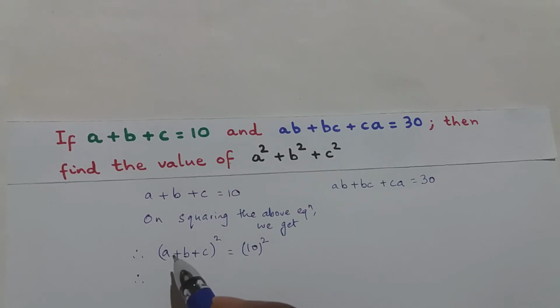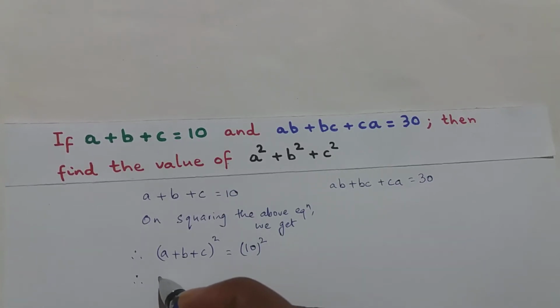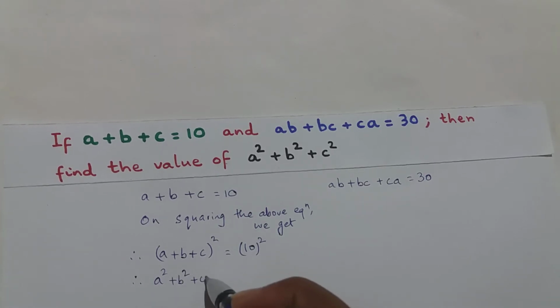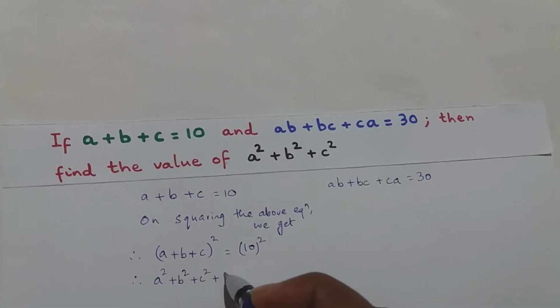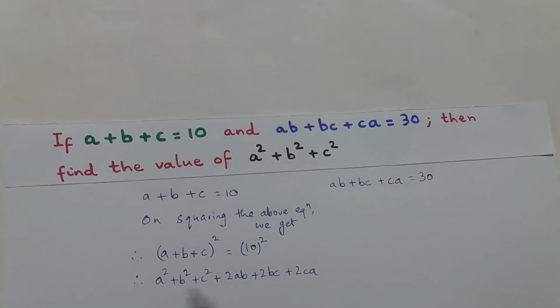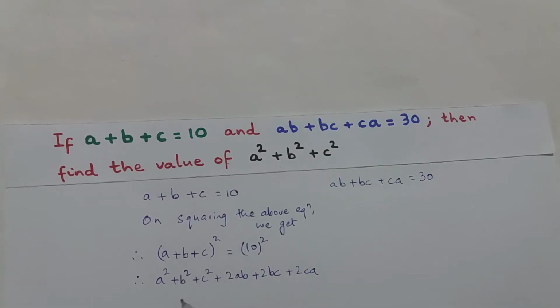We get A square plus B square plus C square plus 2AB plus 2BC plus 2CA. So this is what we get when we expand A plus B plus C whole square.